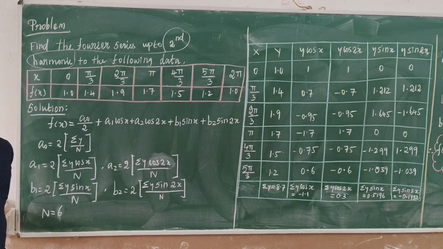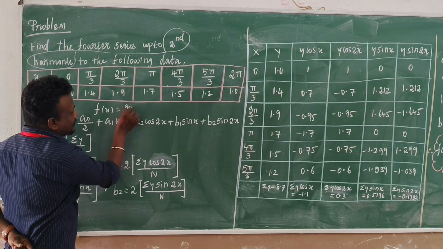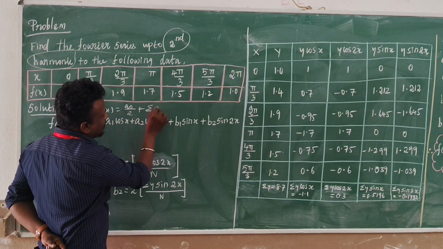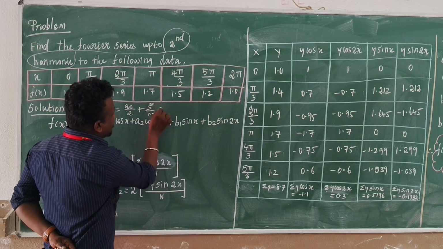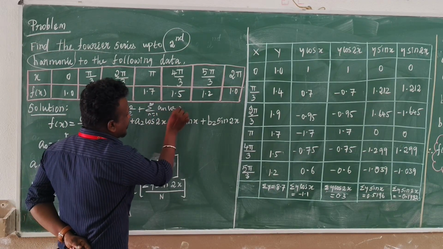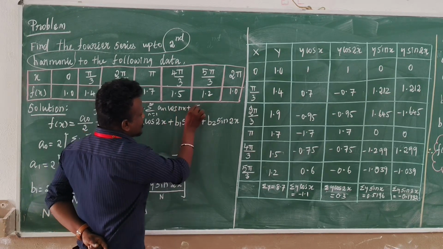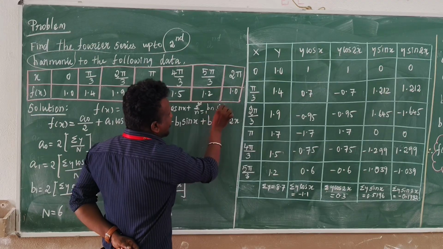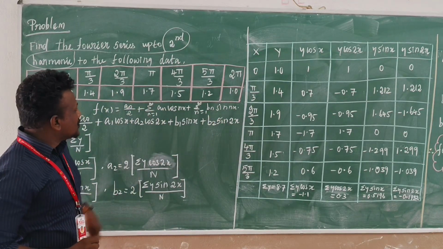This is our general Fourier series formula: a naught divided by 2 plus summation n equals 1 to infinity a n cos nx plus summation n equals 1 to infinity b n sin nx.